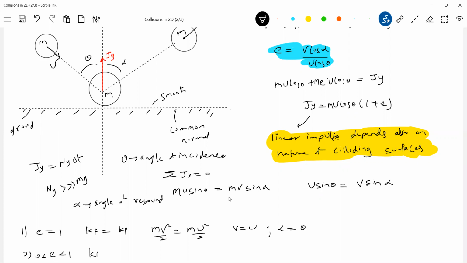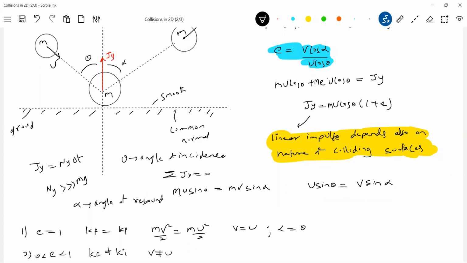Then Kf will be less than Ki, not equal, better you write it. Then v not equal to u, then alpha not equal to theta. Or it can happen that v by cos theta. So let's not write anything exclusively for that. So this is what happens.